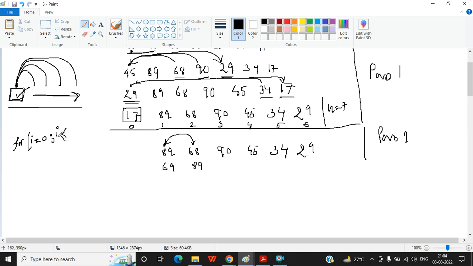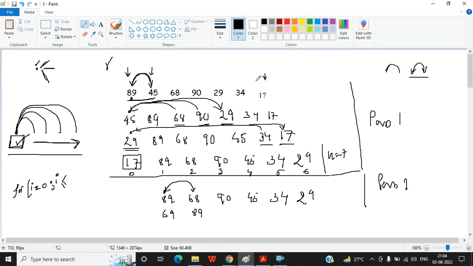So how far will i go? I will not go till 7, I will go up to this part, this much. I will move to this place.